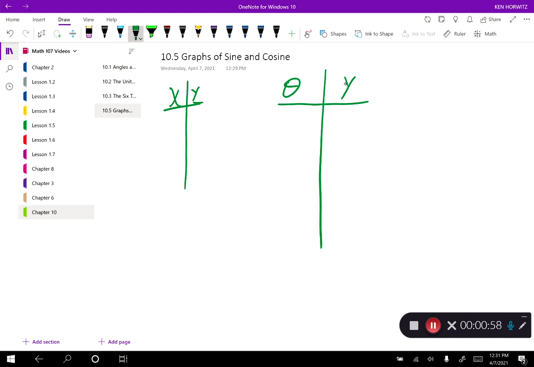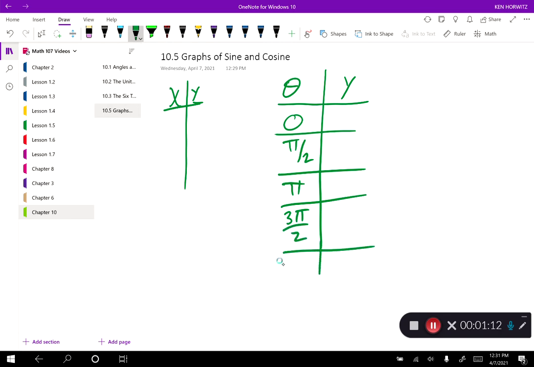When we plug it into our equation, we'll come out with a Y. So very often what you're going to see is a chart like this where you'll have theta, and I'll put in values like 0, pi over 2, pi, 3 pi over 2, and 2 pi. You take those, plug them into the equation, and the Y value comes out of it.